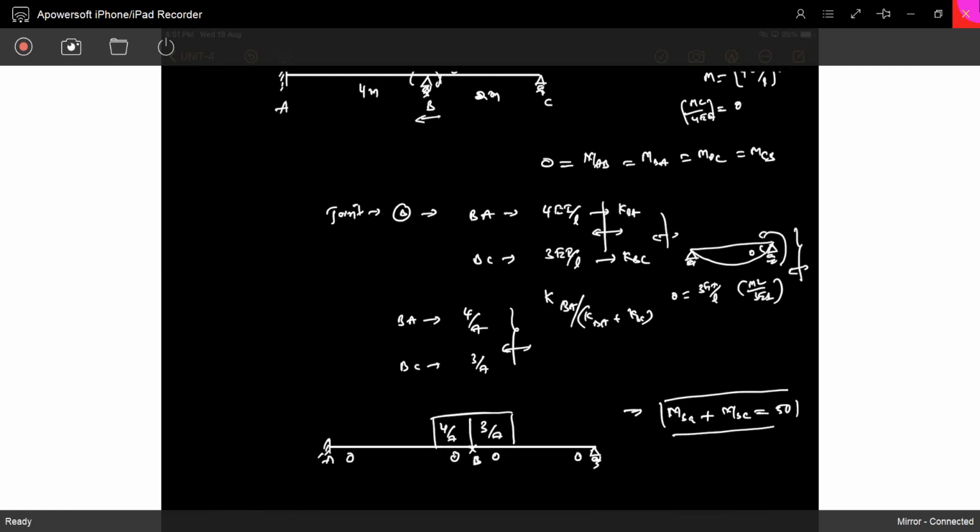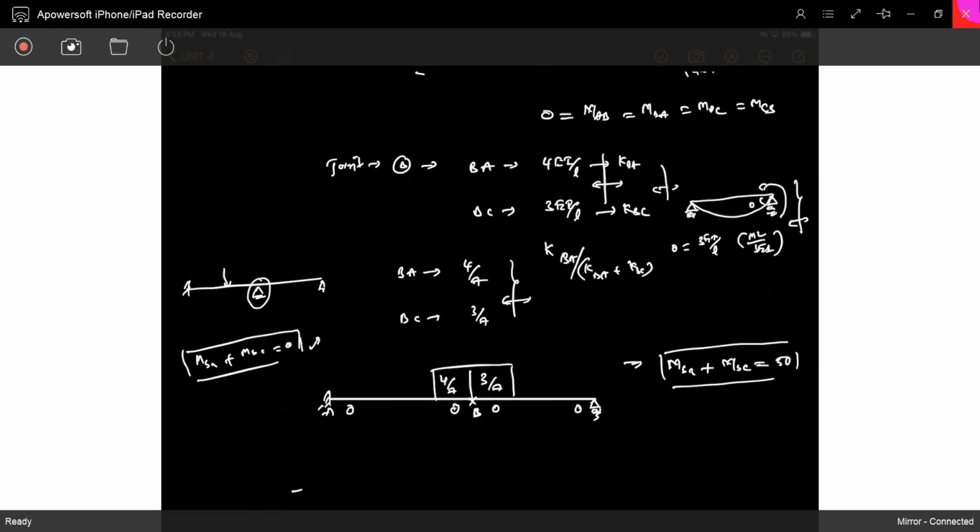Before, if there is no moment at the joint, MBA plus MBC should be equal to 0, because the joint should also be in equilibrium. One is clockwise, one is anticlockwise, one positive, one negative. But in this problem, B has a concentrated moment of 50, so MBA plus MBC should be 50.